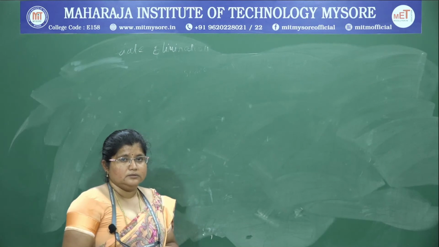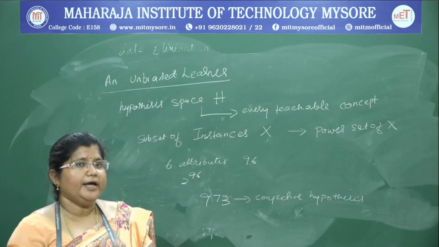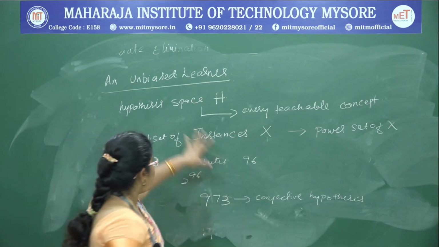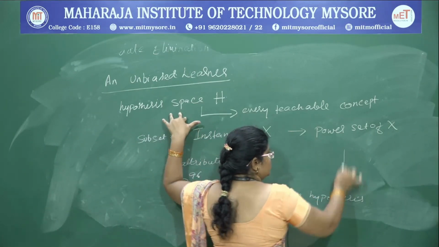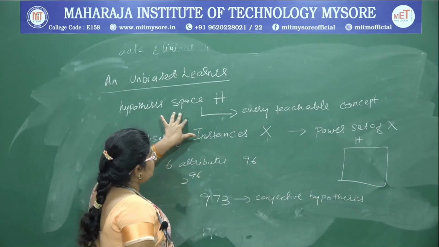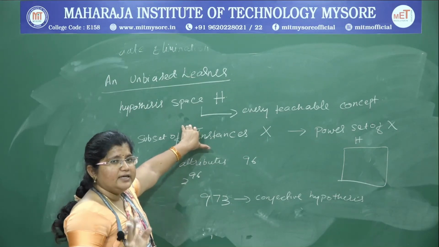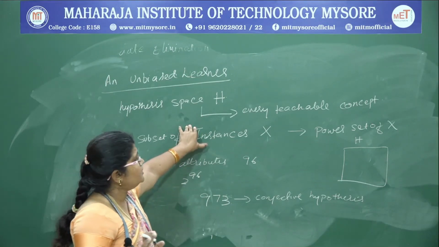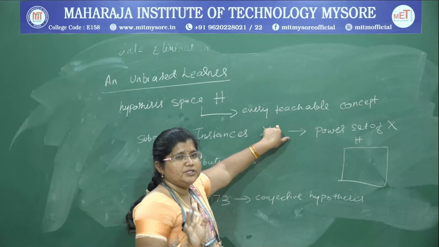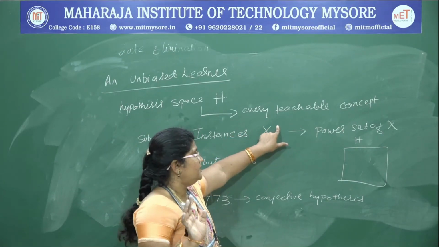To have an unbiased learner, we need to create hypotheses in a hypothesis space H. In the hypothesis space H, we need to create every possible hypothesis that can address all the concepts present in a given data set.